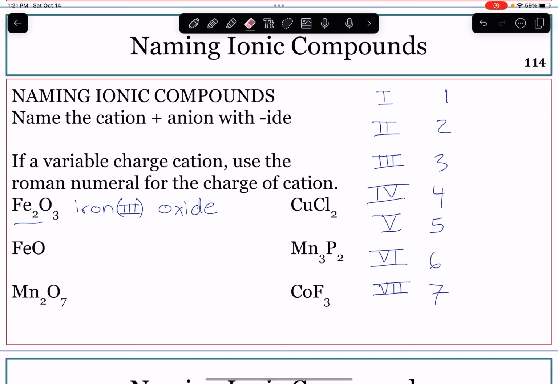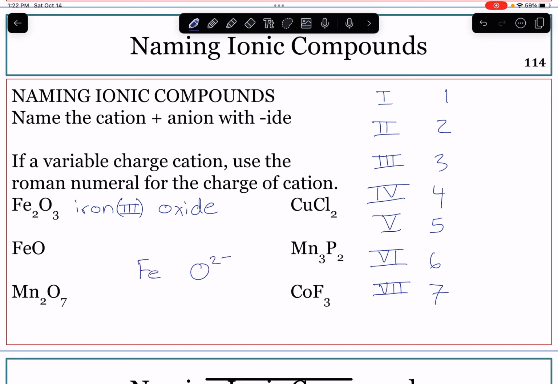All right, let's look at the next one, FeO, or the next iron oxide compound. We can't name both of these iron oxide because they are 2 different chemical compounds with different properties, and they're going to react differently with other substances. So we can't call them both iron oxide. That would be confusing. The first one is iron(III) oxide because the iron has a 3+ charge. The next one only has 1 oxygen with a -2 charge.